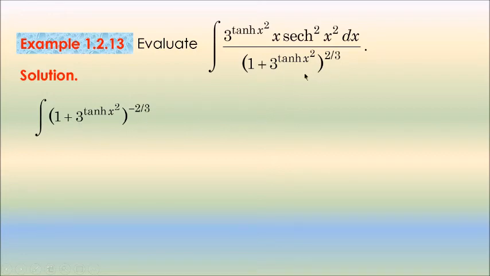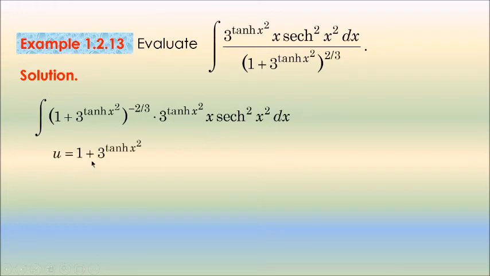This denominator is the possible u to the n. When we bring it up, it is to the negative 2/3. Hence, we have 1 plus 3 to the hyperbolic tangent of x squared quantity to the negative 2/3 times 3 to the hyperbolic tangent of x squared x times hyperbolic secant squared x squared dx.